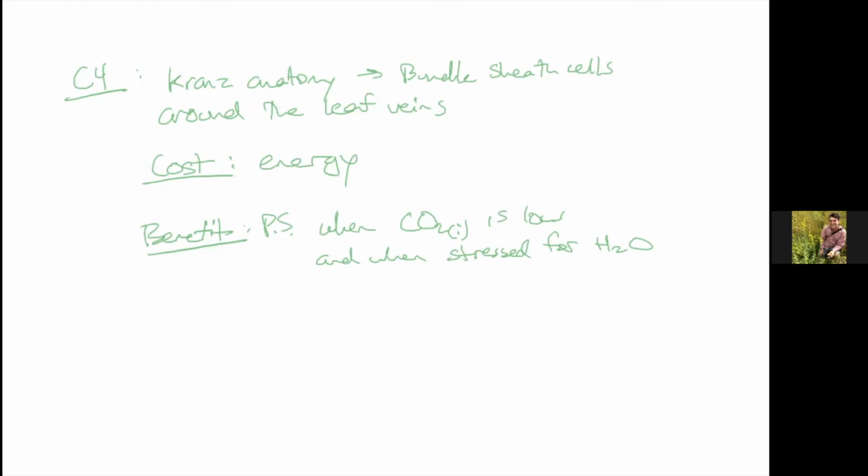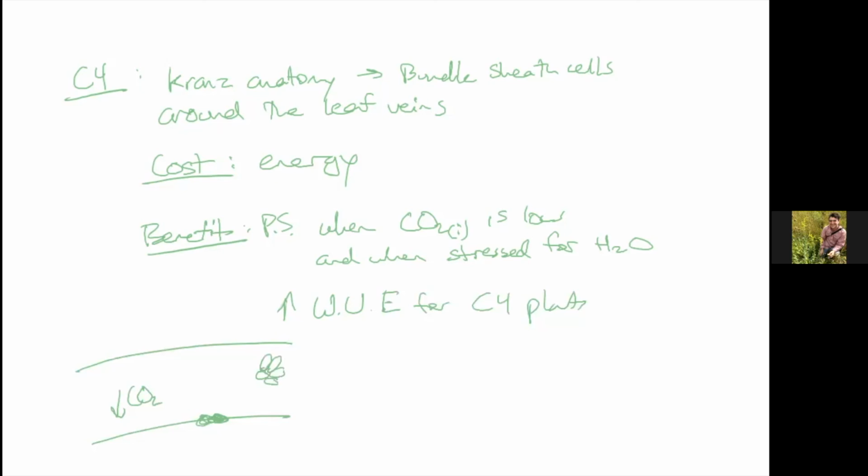This also confers a higher water use efficiency for C4 plants. Again, because if this is your leaf, here's your little stomata, maybe they're closed now. CO2 inside the leaf is going down. Here's our bundle sheath cells. These are the only cells that have Rubisco fixing carbon dioxide.